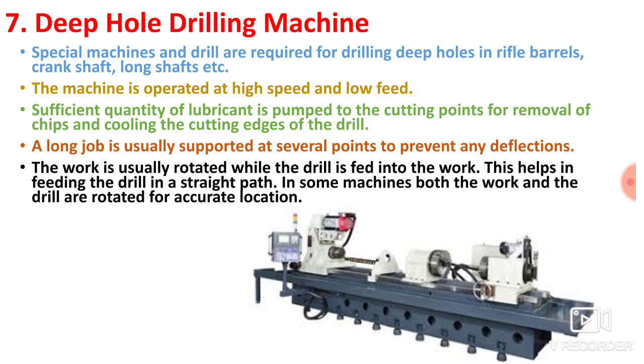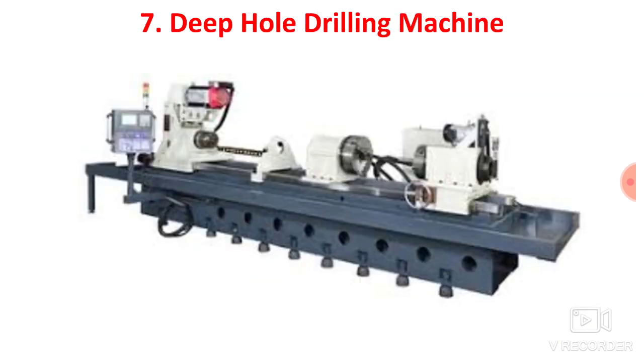In some machines, both the work and the drill are rotated for accurate location. So in some machines, the workpiece will rotate and the drill bit will also rotate. Whereas in some machines the drill bit is a stationary member, it has only a linear movement, whereas the workpiece is a rotary member. Okay, so now this is a deep hole drilling machine.